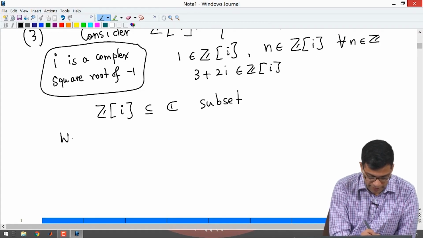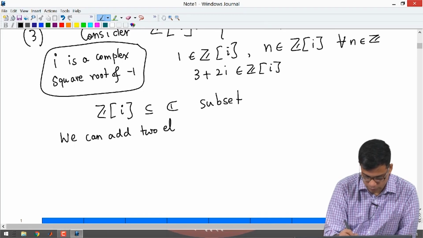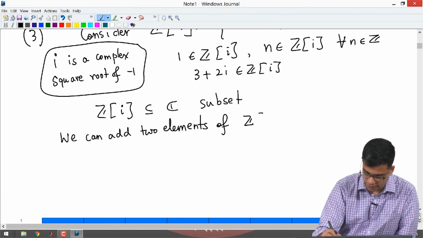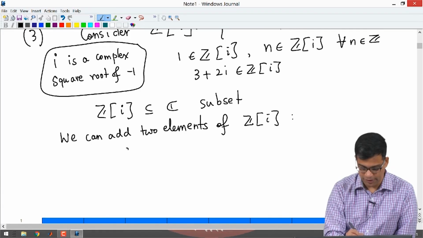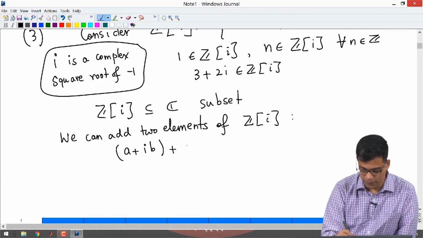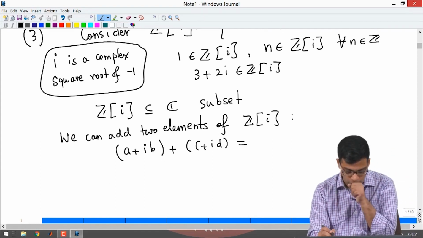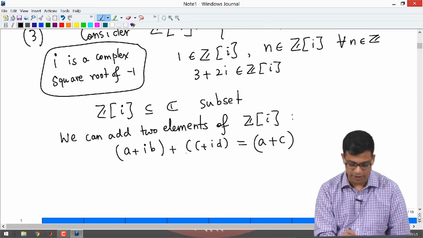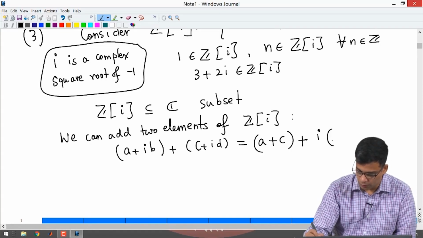So, we can add two elements of Z[i]. There is an obvious addition, just like you add them as if they are complex numbers. So, if you have c plus id and a plus ib, you add them and you first add the real parts, so to speak, and then you add the imaginary parts.